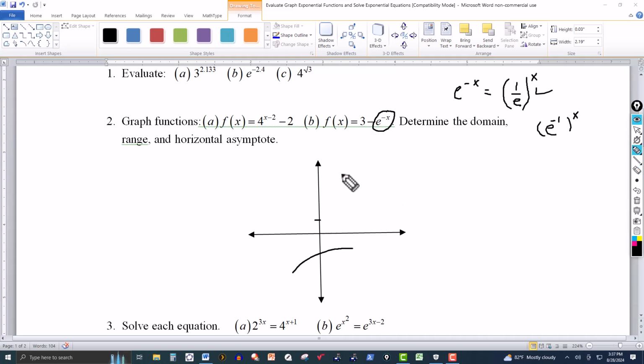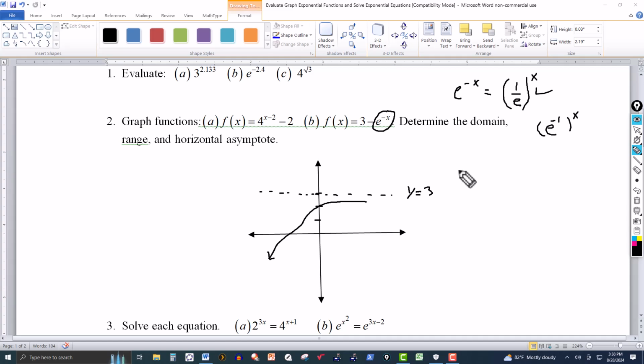But then the plus 3 moves it up: 1, 2, 3. And then of course this is going to move up. So the horizontal asymptote, instead of being y equals 0, is y equal to 3.